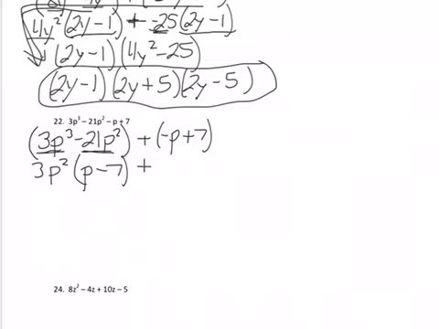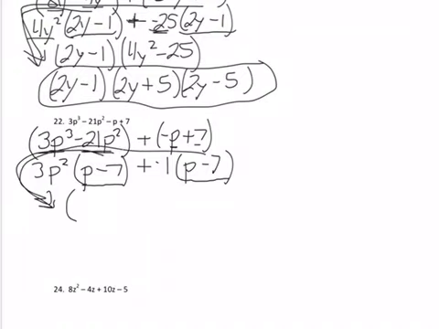In the second binomial, there's really no GCF here, except the first term is negative, so we can factor out a negative 1, and then that would leave us with positive p and a minus 7 left behind. And just like on the previous problem, and this is what has to happen in factoring by grouping, what's inside the grouping symbol is the same, so that's going to get undistributed out here.